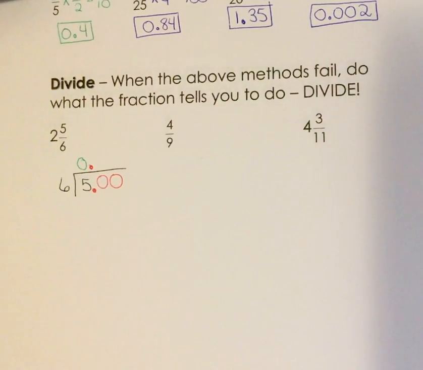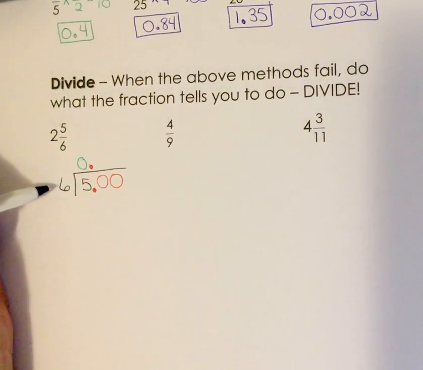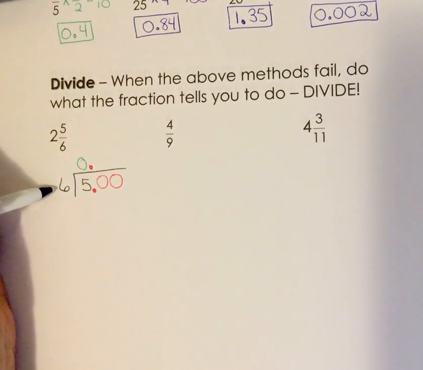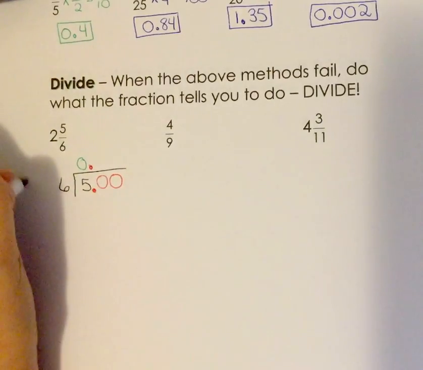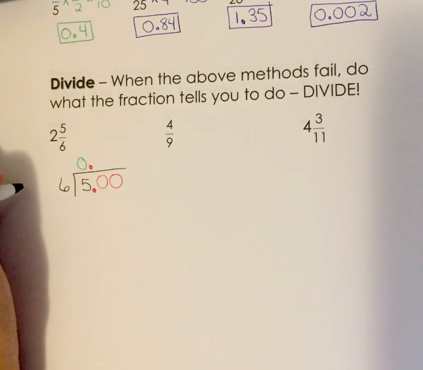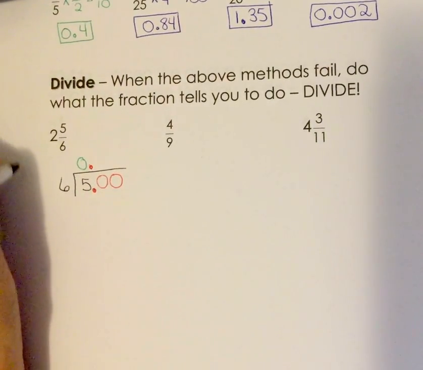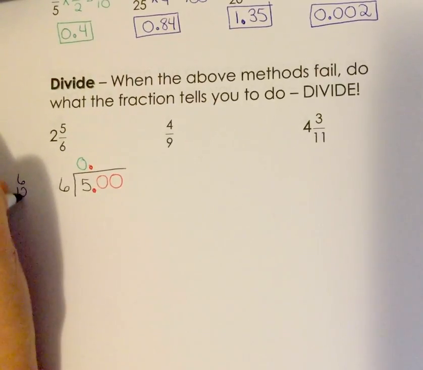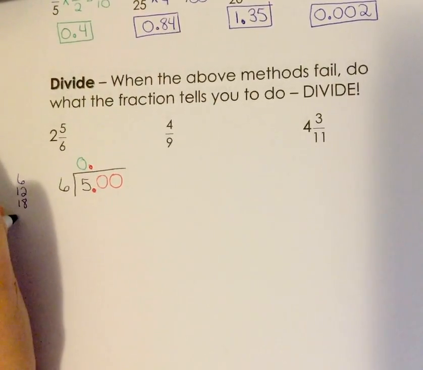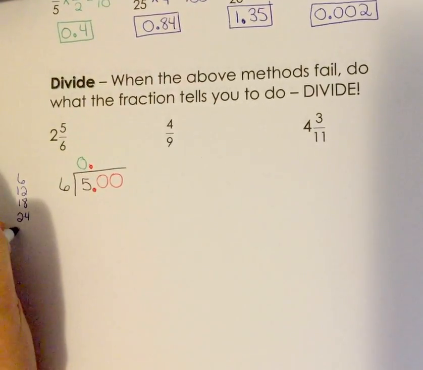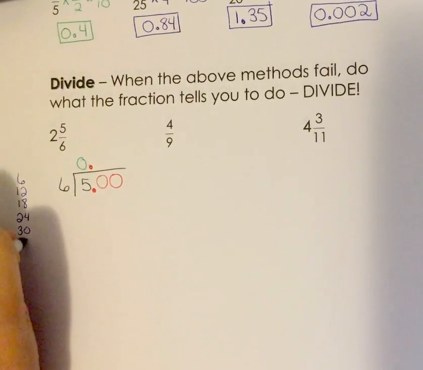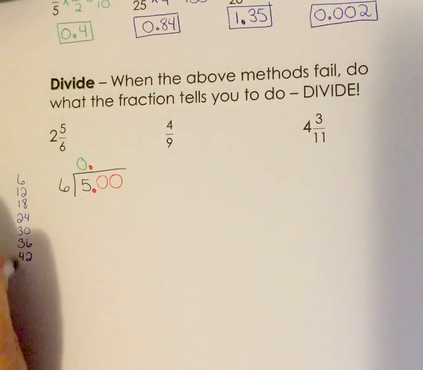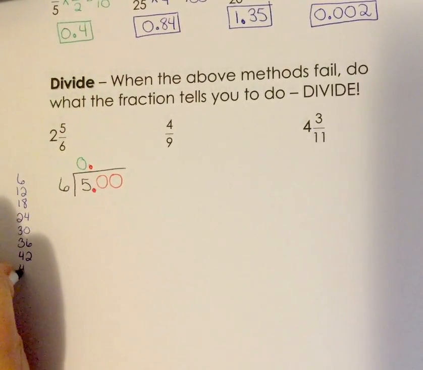I need to know my multiplication facts for 6 because I'm dividing by 6. So if I come out here to the side and think, 6 times 5 is 30. So 6, 12, 18, 24, 30, 36, 42, 48, 54.